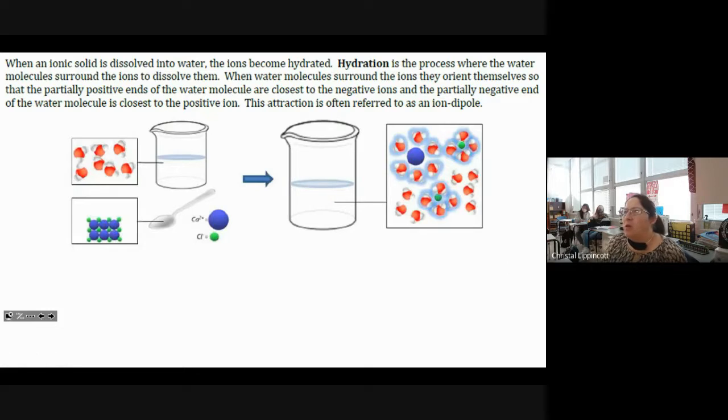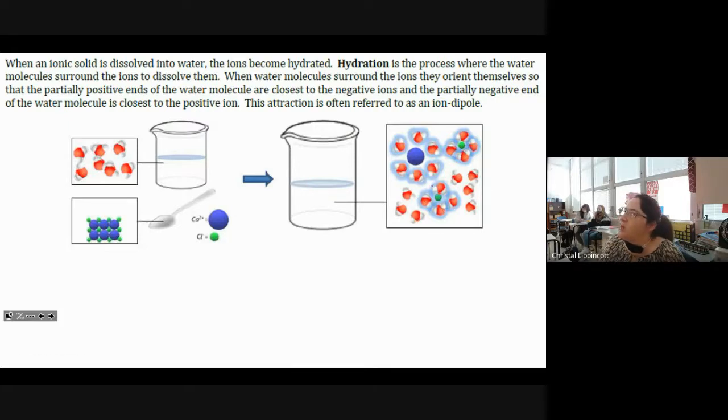So like I said, when these ionic solids are put into water, they're going to fall apart and get surrounded by the water molecules. We talked about this the other day. We talked about situations where if you ran out of ions first and you still had water left over, that would be called an unsaturated solution.